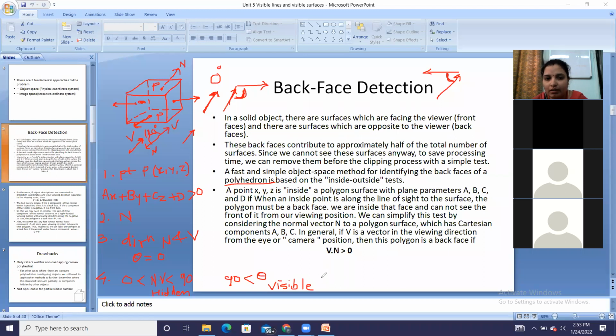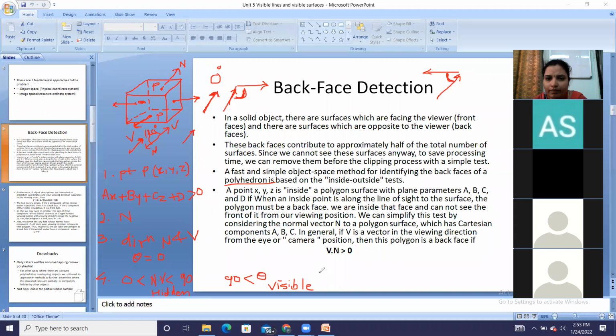Has everyone understood now? Yes. Yes, students. Roll number A27, Prajakta.